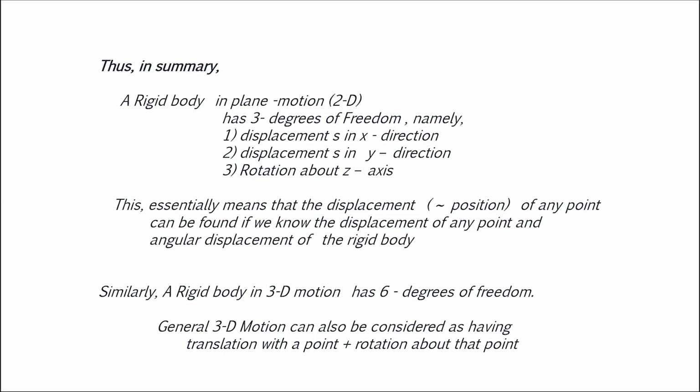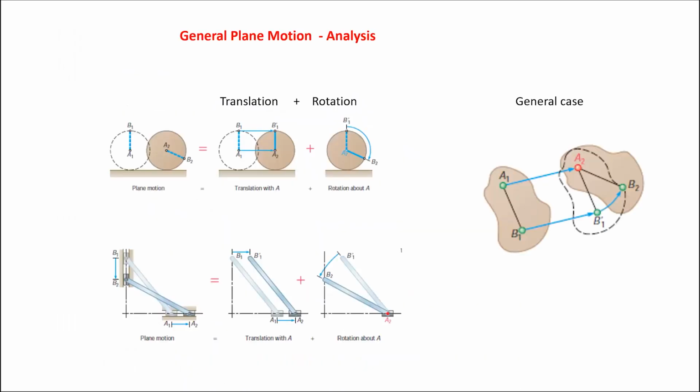I'll go back here. The interesting part here is that this is the translational part. Obviously, this much of translation depends upon whether you take A and then B1 rotating about A1.